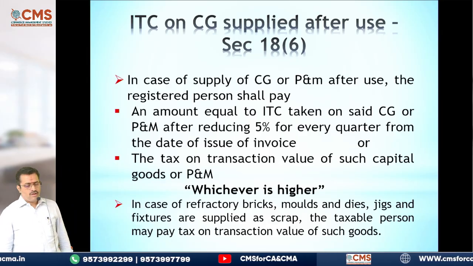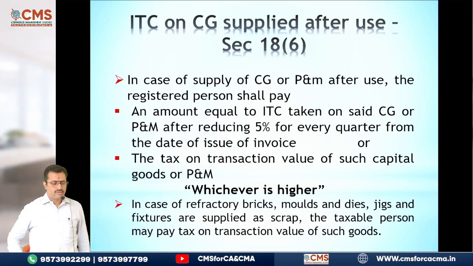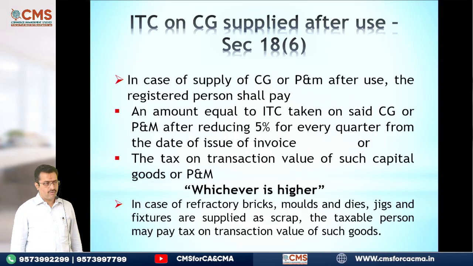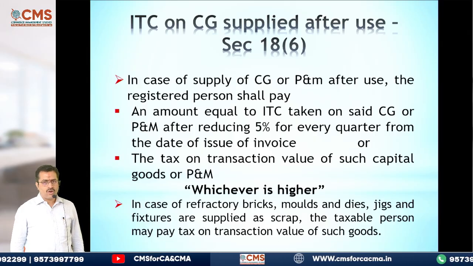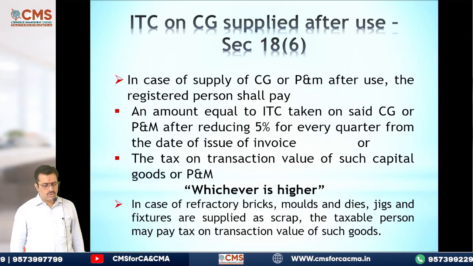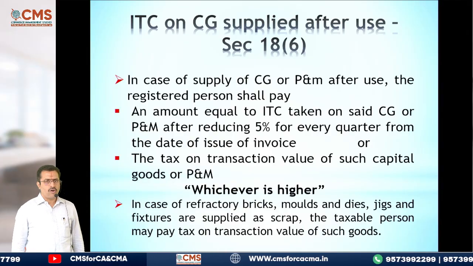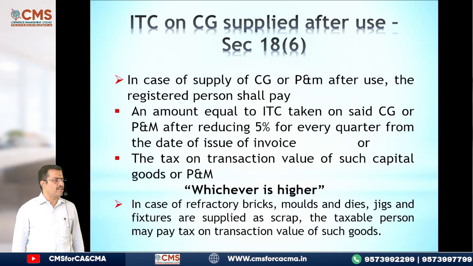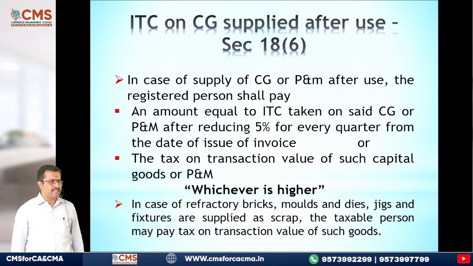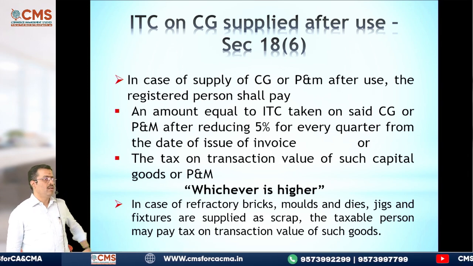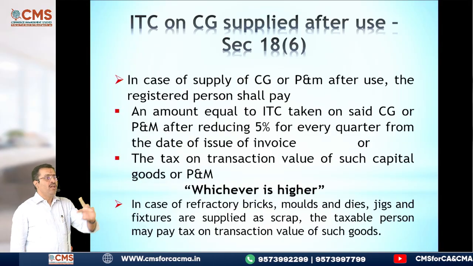In case of supply of capital goods or plant and machinery after use, the registered person shall pay an amount equal to ITC taken on said capital goods or plant and machinery after reducing, again same, 5% for every quarter or part thereof. Why? Because capital goods get depreciated. That's why you have to reduce the ITC rate. Or the tax on transaction value of such capital goods, whichever is higher.